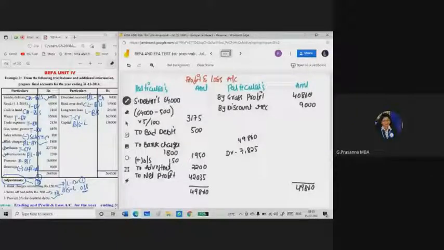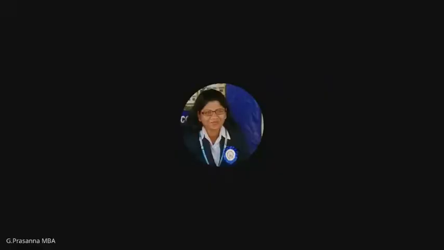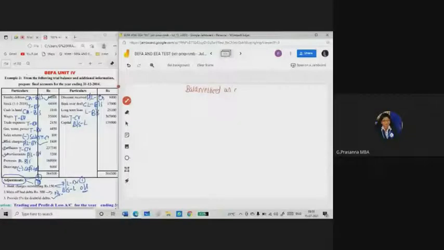So we have closed the profit and loss account now. So what you have to do next is go with the other part, that is preparation of the balance sheet statement. So in order to prepare the balance sheet statement, the format is: balance sheet as on 31st December 2014.